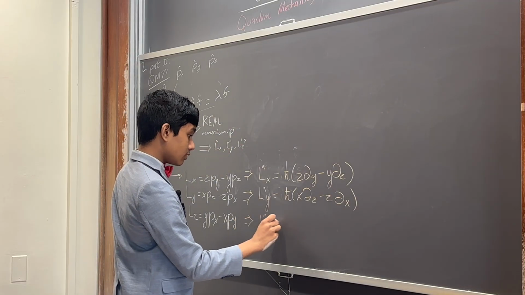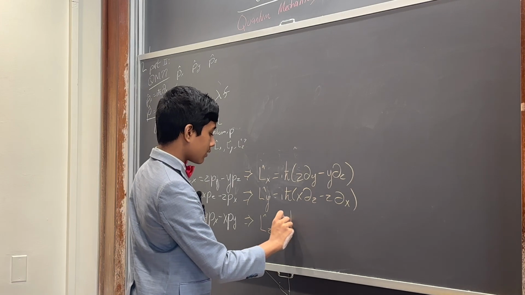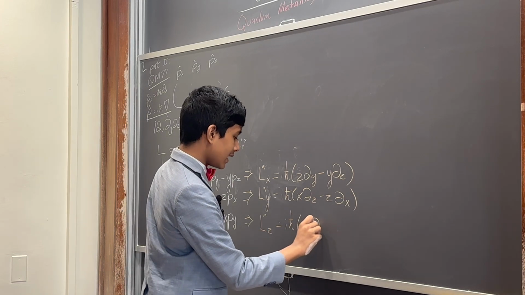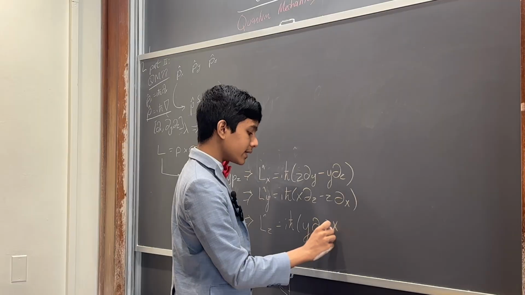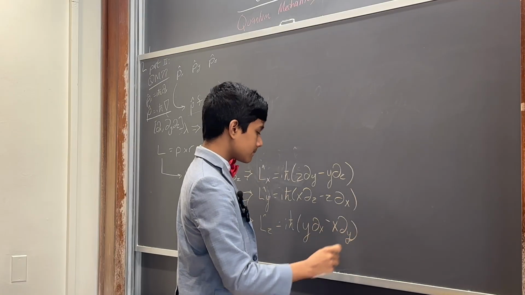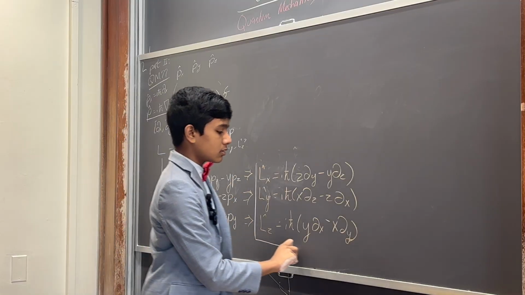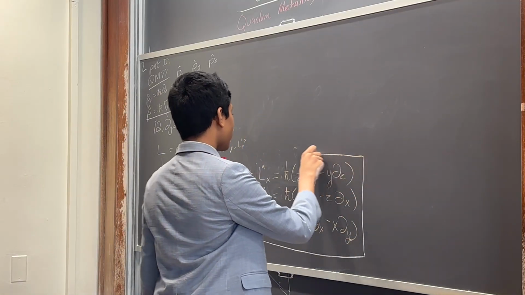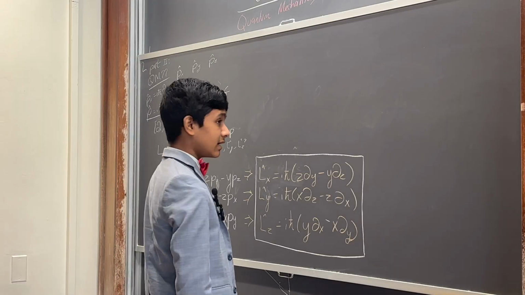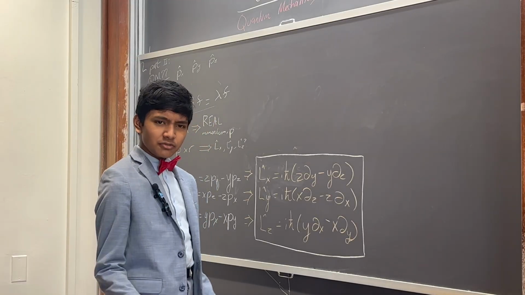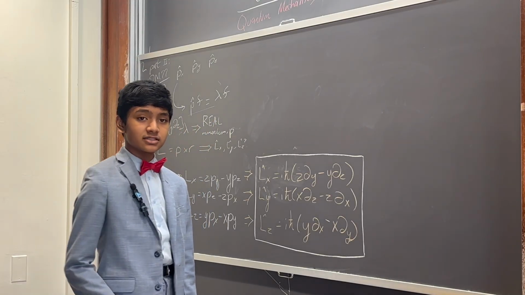Lz is going to be iħ (y partial x minus x partial y). So there we go. We now have all 3 angular momentum operators. It was as simple as that. So we've successfully extended things to quantum mechanics.